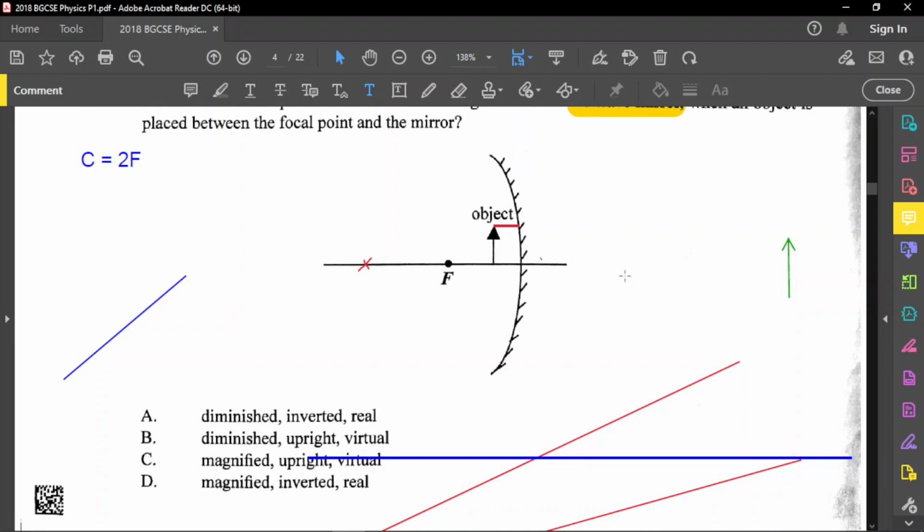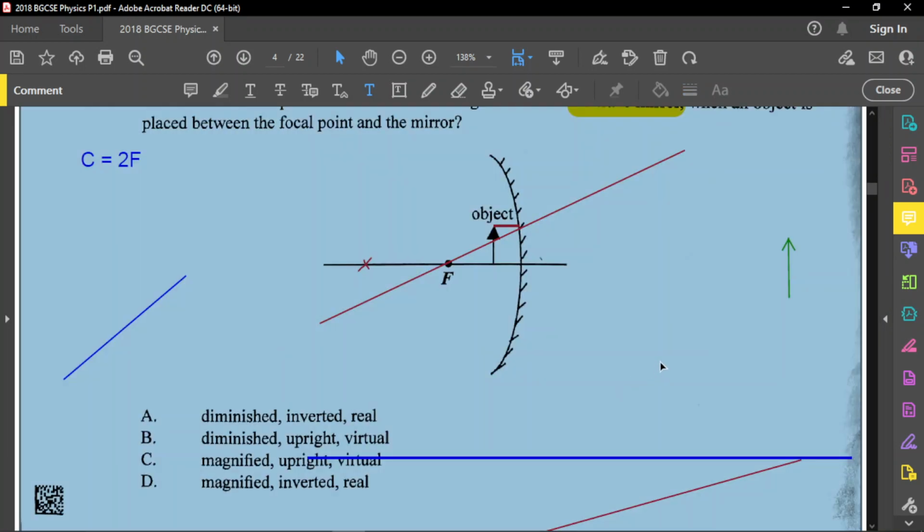Now, the second line could be either or, but the one that I prefer to draw as a second line is to take the first line, where it meets the mirror, and match it up straight through F. So that would be my second line right there.